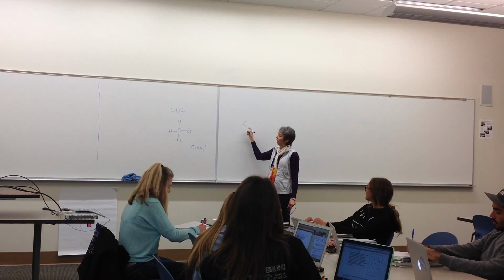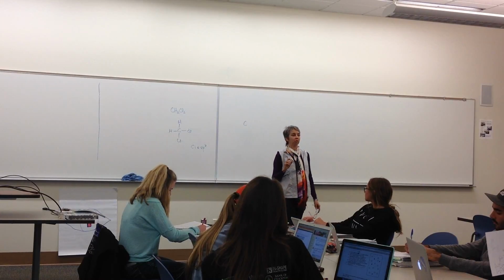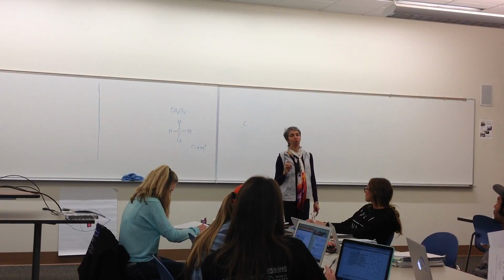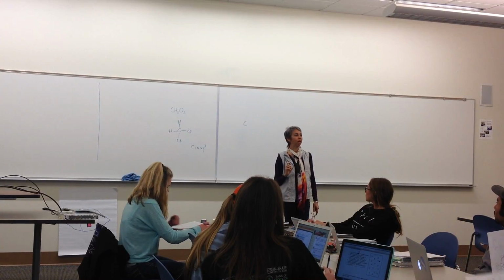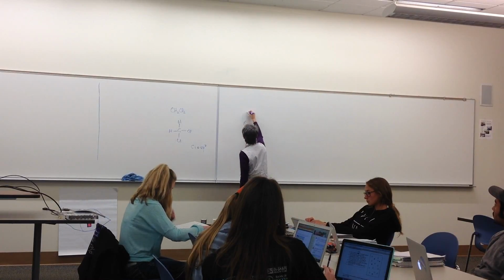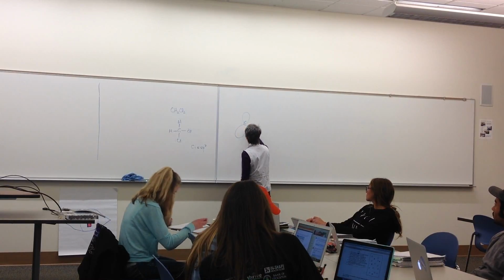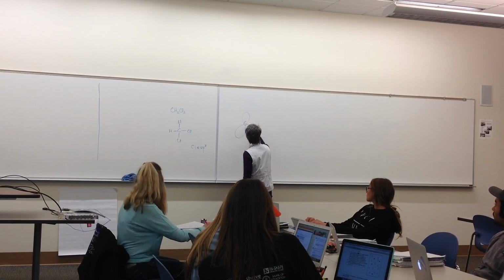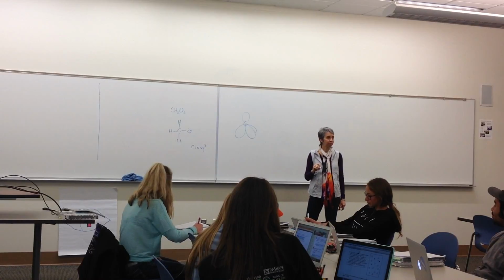So how many orbitals are there in a set of sp3s? I have 4, and they're in tetrahedral geometry. So if I draw just their large lobes, it's going to look something like that.